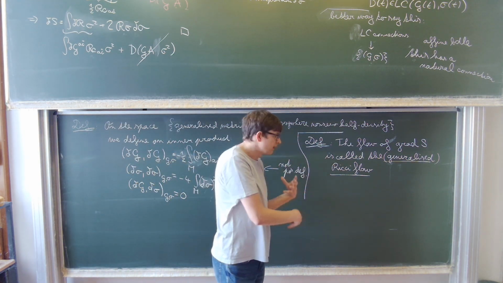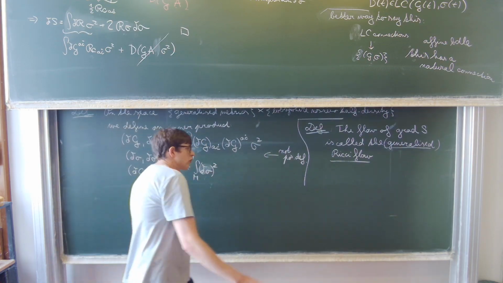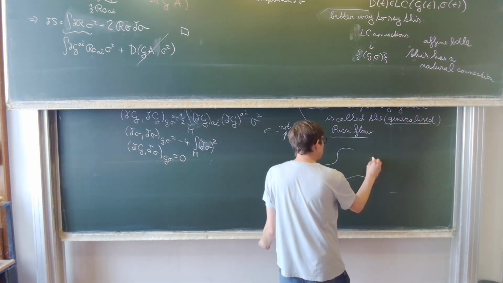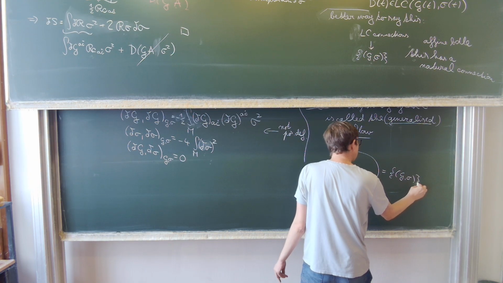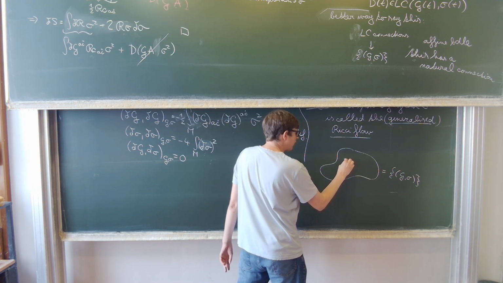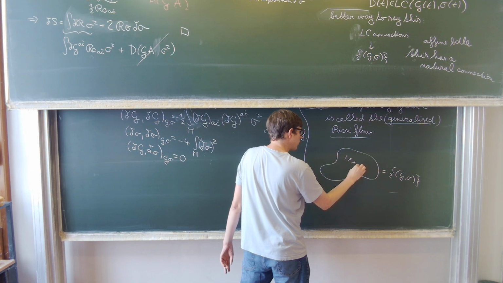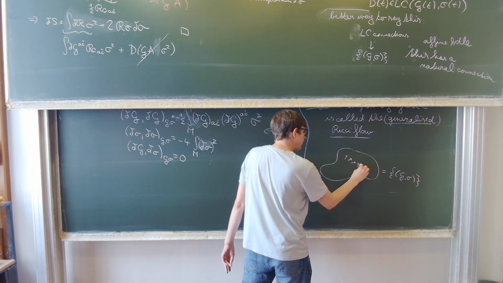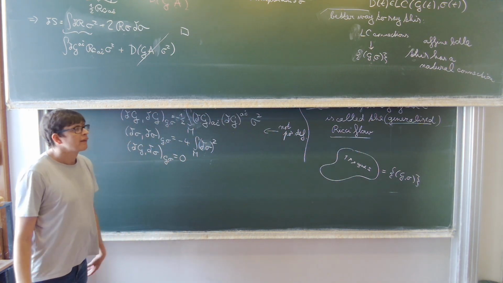The gradient is a vector field, and I just call that the generalized Ricci flow. So this is the big space of all pairs of g and sigma. We have a metric there, and we have a function, and this is the gradient of S.